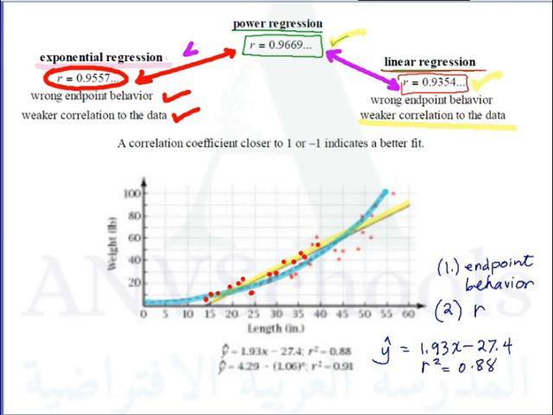For the exponential regression, we have y hat equals 4.29 times 1.06 raised to x, and our r squared is 0.91. So the best fitting regression here is therefore the power regression.